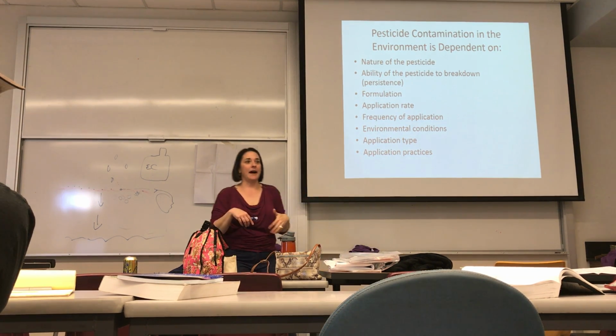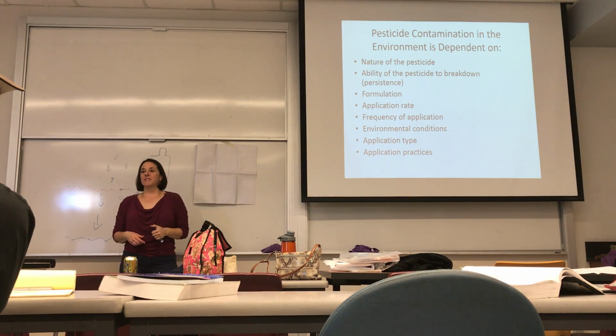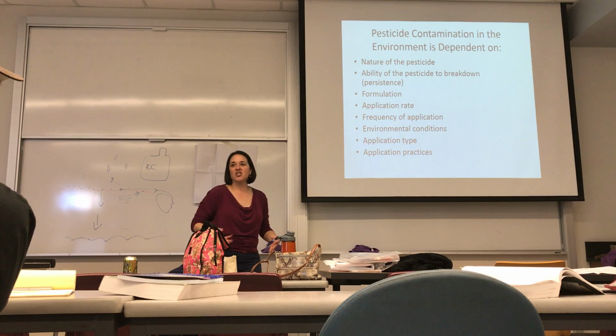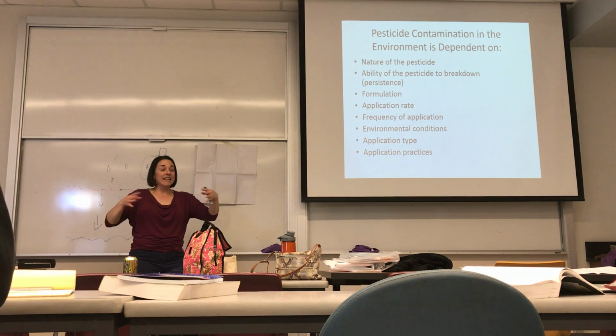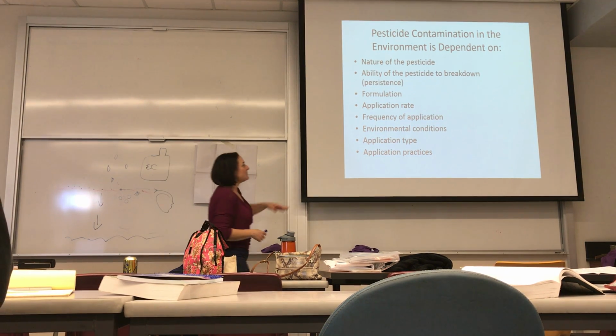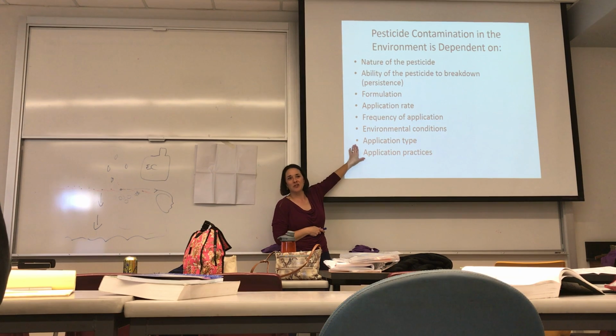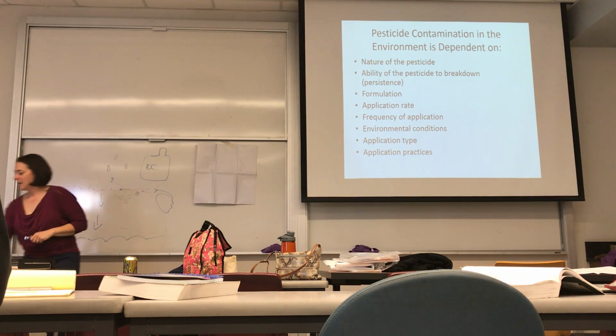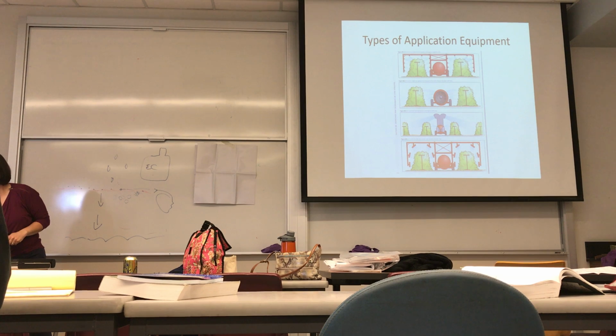That's kind of on the applicator as well, right? So we have to have good environmental conditions, we have to have the right pesticide selection, we gotta know our soil type so we can choose the right pesticide, but then we gotta put into practice these safe practices, basically, right?